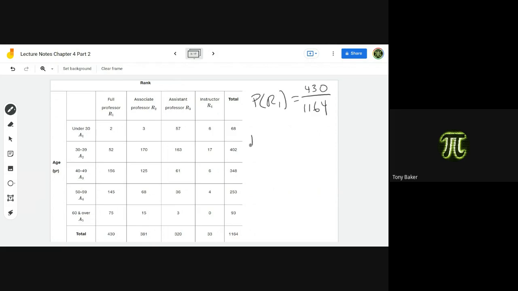So if I pick A2 given R1, that's 52 over 430, because now my full professor is my base number. And I want to know the odds of me picking a person in their 30s. That's why if you look at the other table, they've got the percent numbers there, so you'd have the actual percent number.